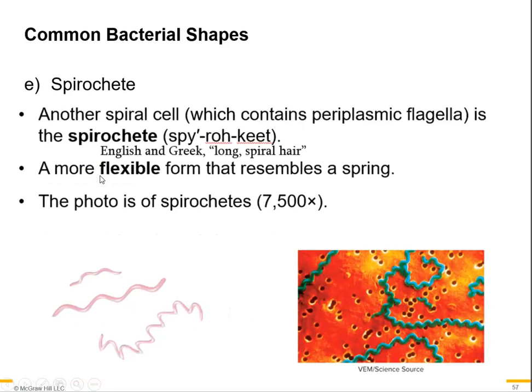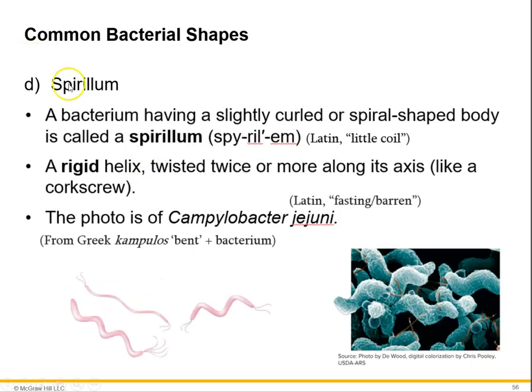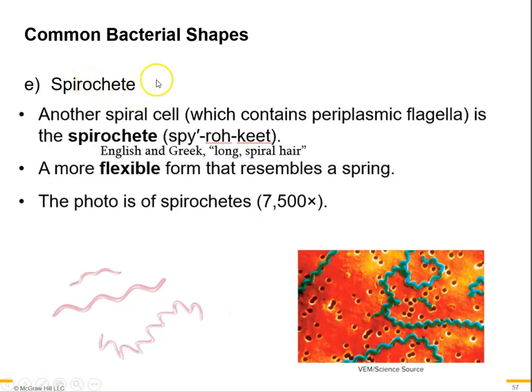This is in contrast to a spirochete, which is another spiral cell, but this one is more flexible than the spirillum, okay? When it comes to the test, you are not going to be tested on spirilla. You will be tested on spirochetes because we're going to talk about spirochetes in this class, okay?